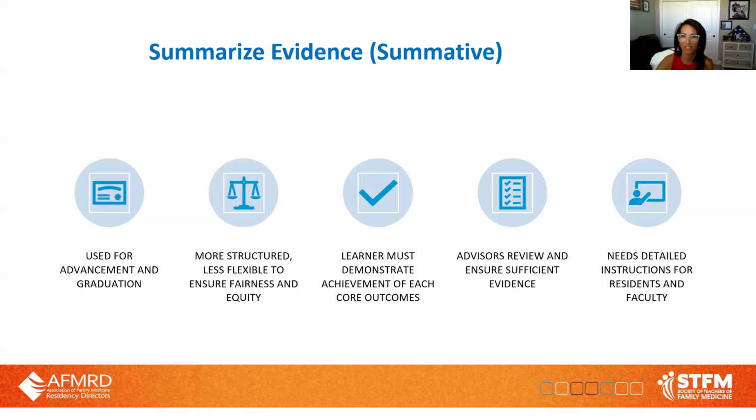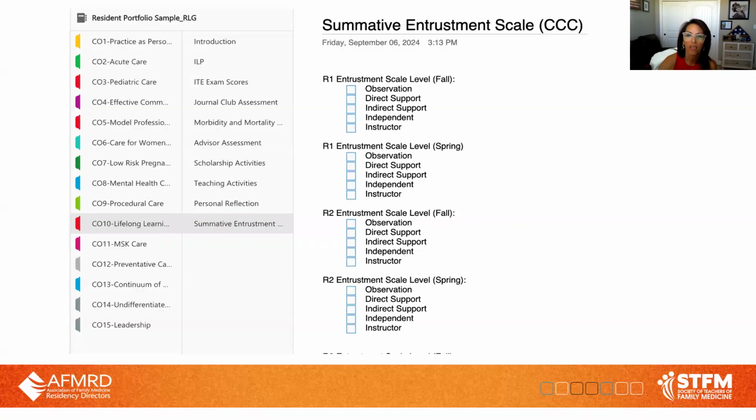The advisors obviously are reviewing all of this information prior to the CCC meeting, and there's actually structure to this piece of the summative portion of the portfolio. Here again is another example of a resident portfolio, as Dr. Thilthamy just mentioned. This is part of that notebook that she was mentioning.